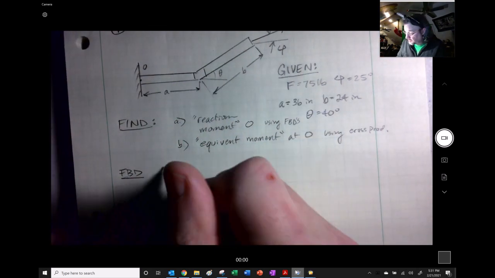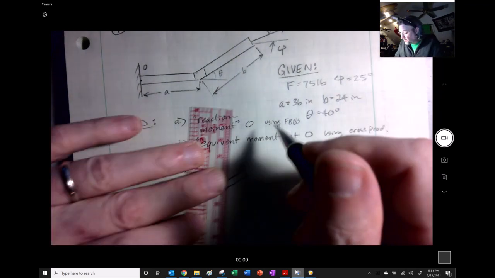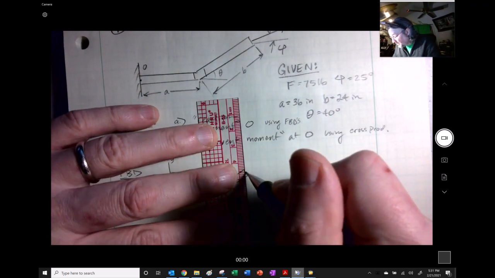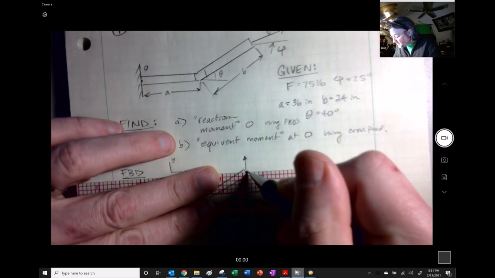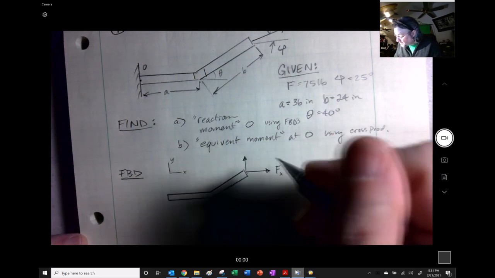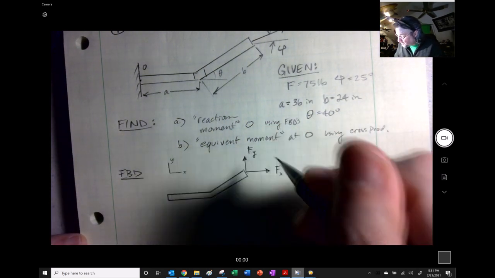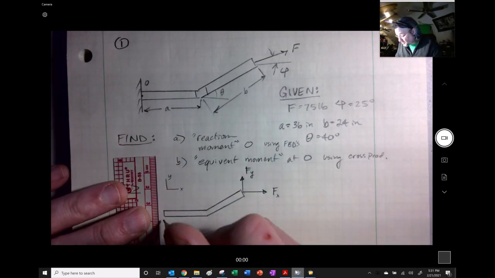All right. Here's our X and here's our Y. That's needed. All right. So I think the best approach for me is to break this thing into components. I won't even bother writing the F on there. I just want the components.